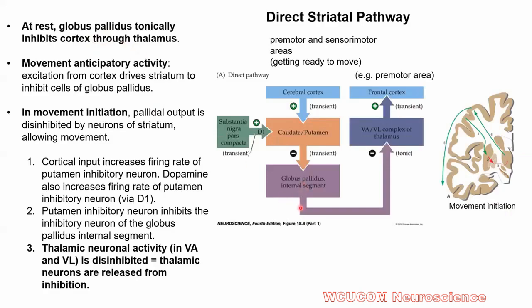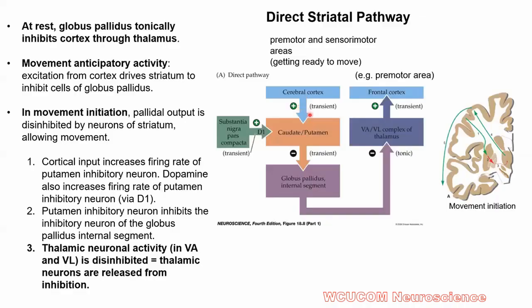There is a local and baseline tonic GABAergic tone from globus pallidus internal segment exerted on thalamus so that we're not allowing movement unless and until there is cortical activation, which comes down transiently when the premotor and sensory motor areas of the cortex are giving the command, so to speak, that we are getting ready to move.